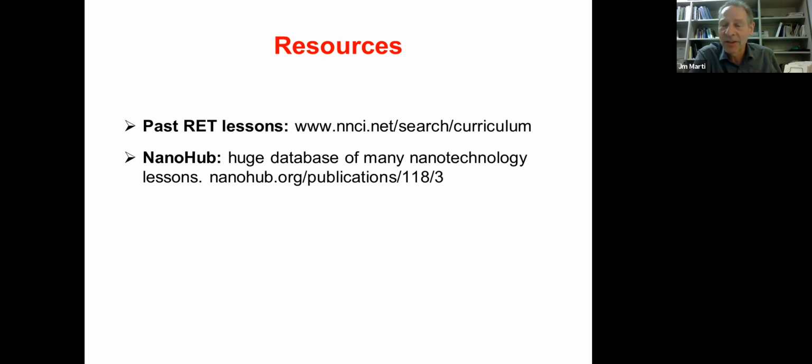I neglected to put up the UW-Merced site, but that's also a great place to look for ideas and get an idea of what people have done in the past, how they've done it. And if you're interested in that photolithography setup that we produced here in Minnesota, please contact me. I'd be happy to send you all the instructions on how to get that started. That could be the basis of a project or a lesson that deals with fabrication of many different kinds of structures.